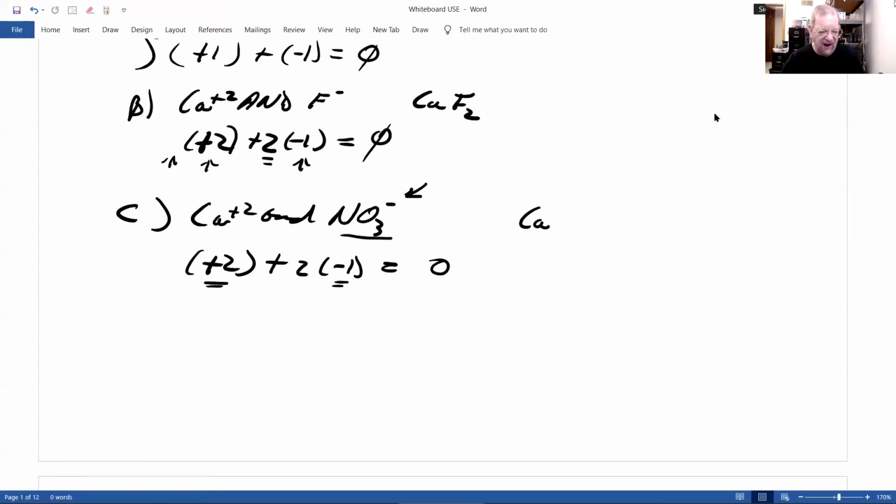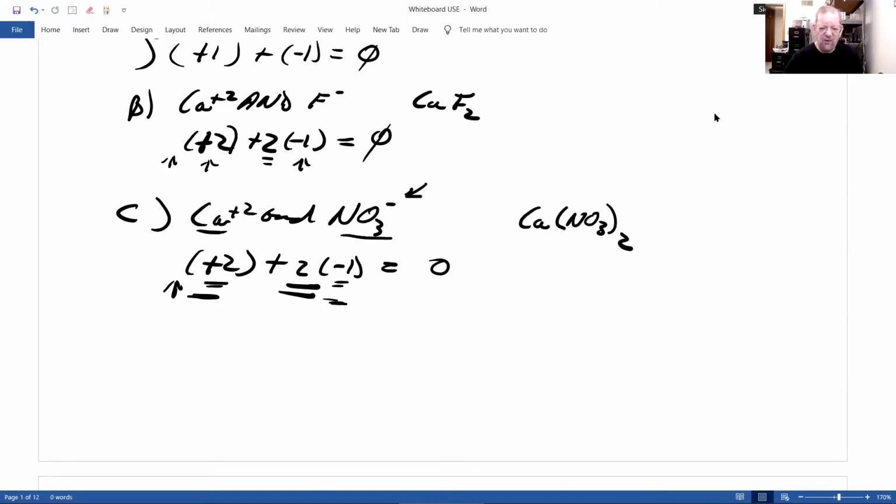And how do you write that? 1 calcium, because the number there is 1. Now, when you have more than one polyatomic ion, how do you do that? Bracket, put the polyatomic ion, close bracket, then subscript. I need 2, so I'll do this. So that's how you write the empirical formula for calcium nitrate: 1 calcium cation and 2 nitrate anions.